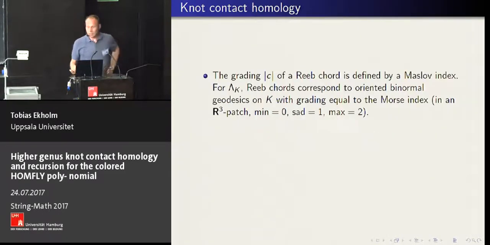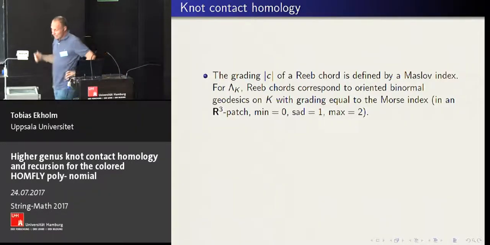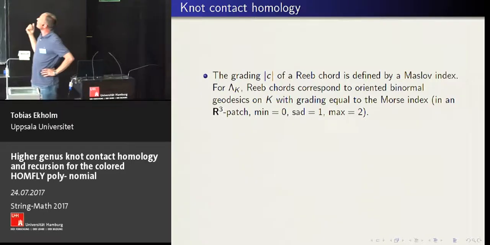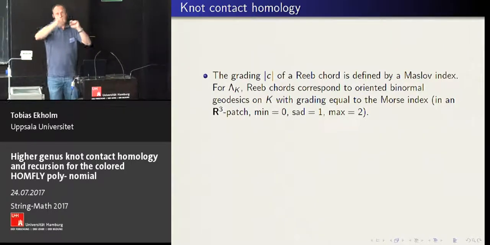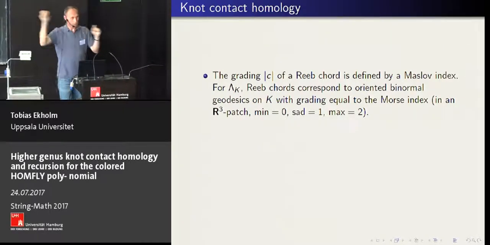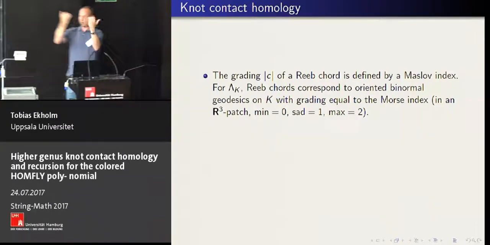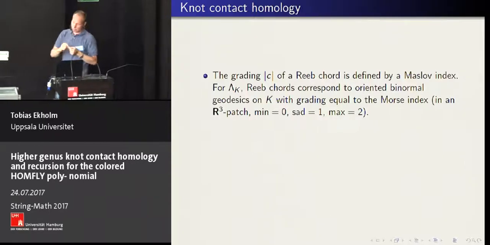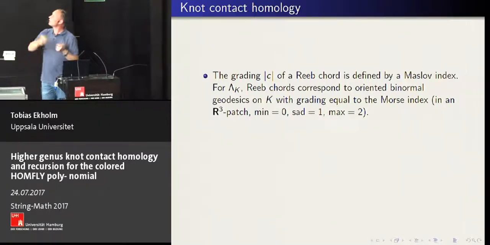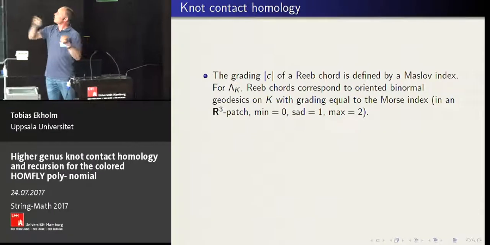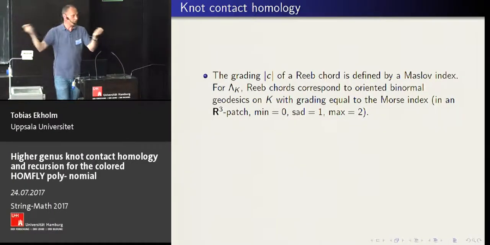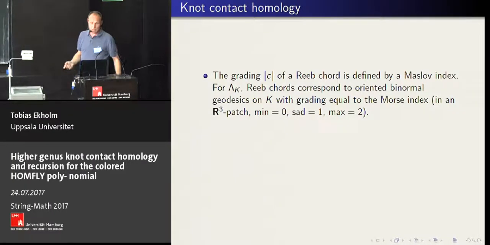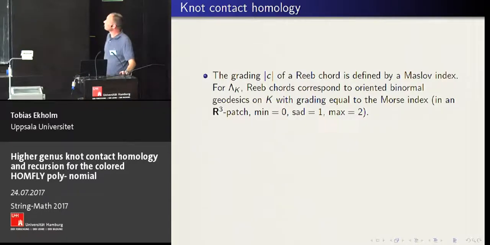Okay, so there is also a grading on this algebra. And in this case, it's not so hard to understand because this contact form has Reeb chords which are just lifts of the geodesic flow. So the Reeb chords of the conormal are exactly oriented geodesics which are perpendicular to the knot at both endpoints.